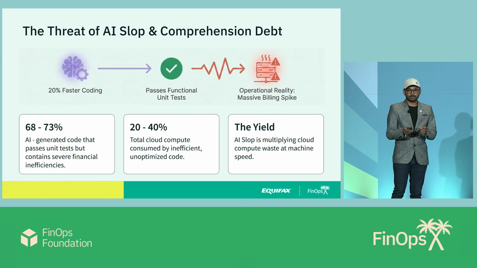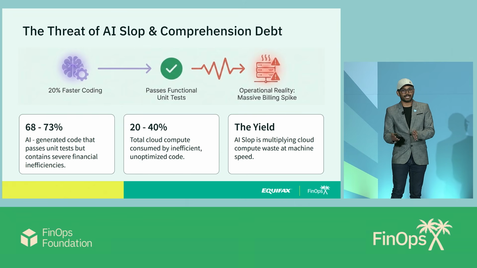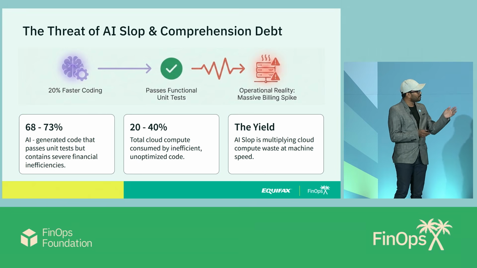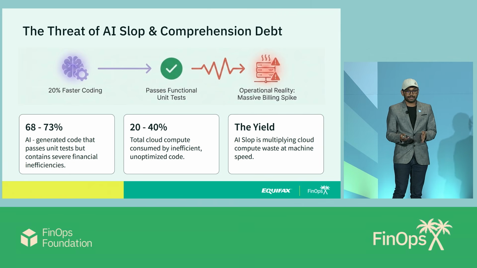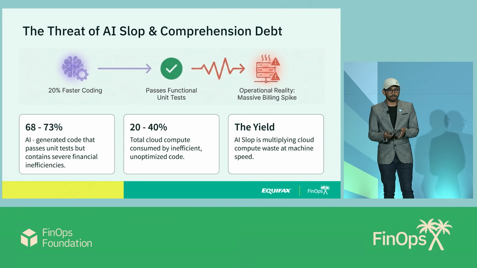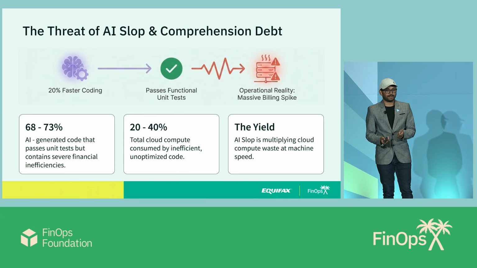Because we can code 20% faster now, and we are also generating the code waste at the same rate. Currently, between 20 to 40% of the total cloud compute is something that we are generating at that machine-level speed. And that unoptimized slop is multiplying the cloud cost as well, right? Because we are seeing some code which isn't needed, or which can be optimized.